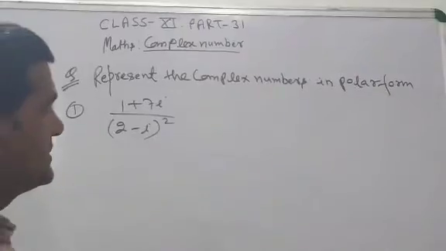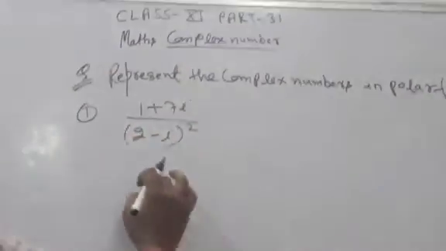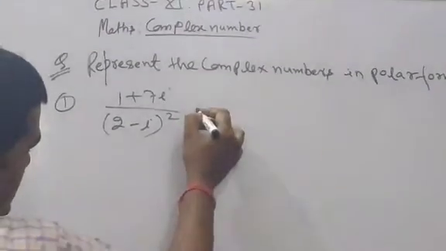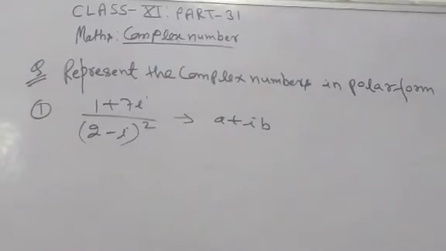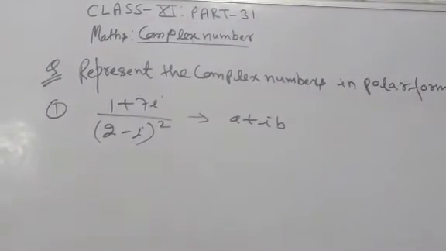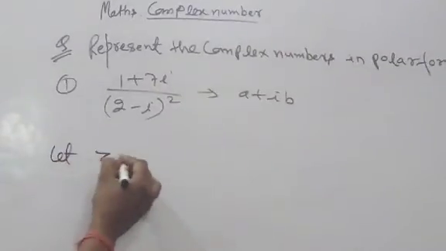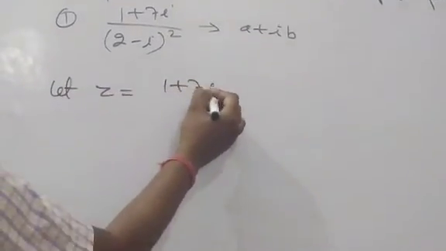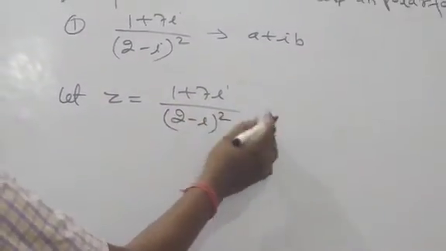Okay, now the last question of this video. Represent the complex number in polar form. Clear? First of all, this has to be changed into the form a plus ib. Understood? Now let z is equal to 1 plus 7i upon 2 minus i whole square.